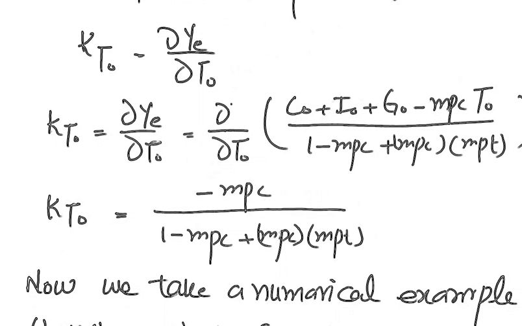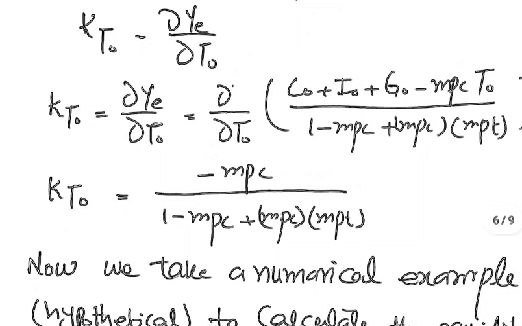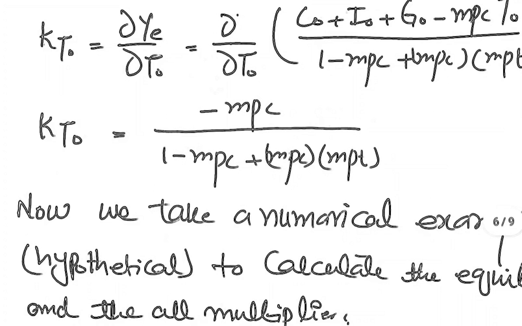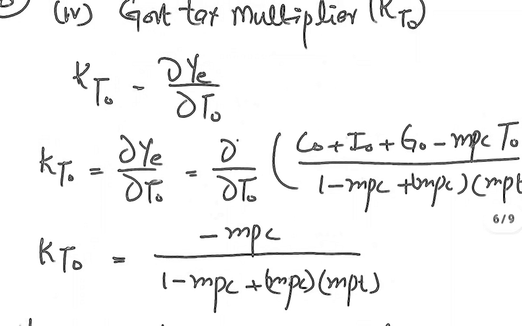The partial derivative of C naught, I naught, and G naught with respect to T naught will become 0, and the derivative of T naught with respect to T naught will become 1, and in the numerator there remains minus MPC, and the formula of Kt naught becomes minus MPC divided by 1 minus MPC plus MPC into MPT. So up to now, what we have done is calculate the national income formula by using the aggregate expenditure and income method with induced taxes included in the model.